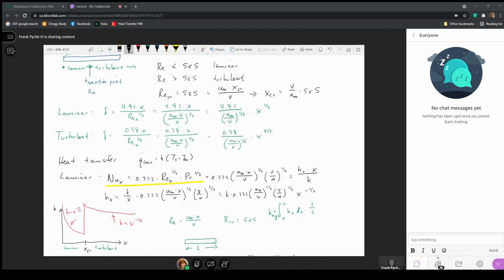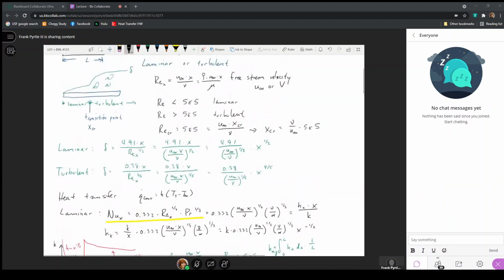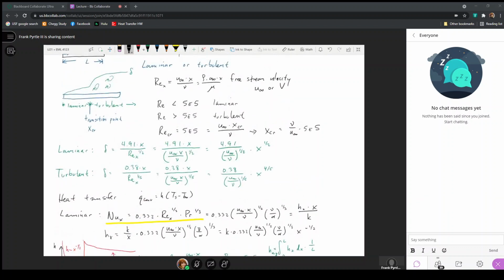We had an expression that we could write to determine the thickness of that layer as a function of position, as we measure from the leading edge of the plate to the trailing edge, such that the rate at which the boundary layer will grow, let's say here the velocity boundary layer, will grow as a function of position when it's a laminar flow, and then once it transitions to a turbulent flow, there are different expressions.